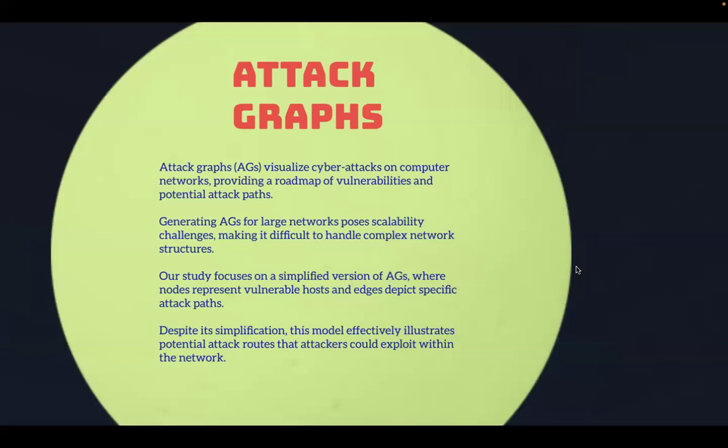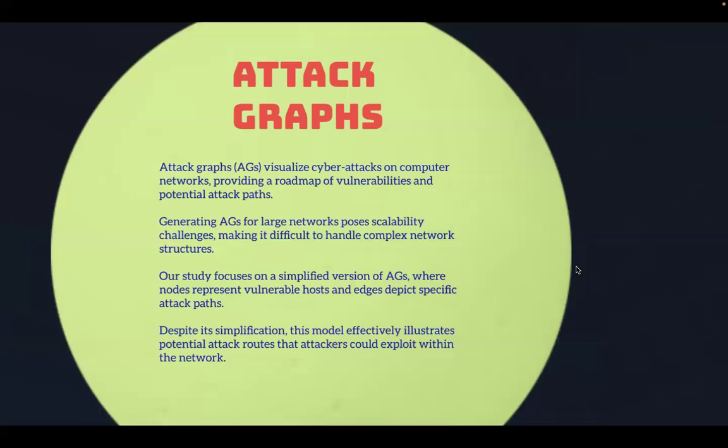It's worth noting that while attack graphs may not directly incorporate mobility, they can be adapted effectively to model mobility in tactical networks. In essence, the attack graph serves as a roadmap for potential cyber attacks, highlighting vulnerable points in the network.